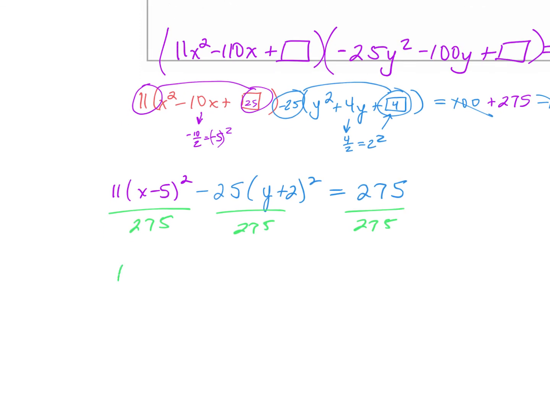So over here, I'm left with x minus 5 squared over, anybody know what 275 divided by 11 is? 25. So I have minus, what's 275 divided by 25? Equals 1. So there is your equation in standard form. We're good to go. Set equal to 1, minus sign in the middle.